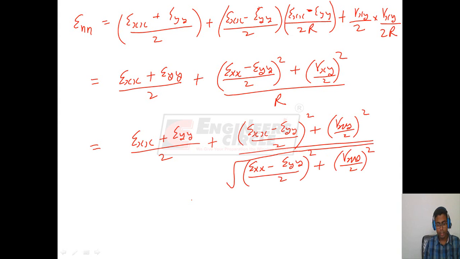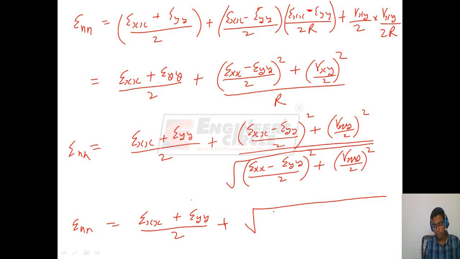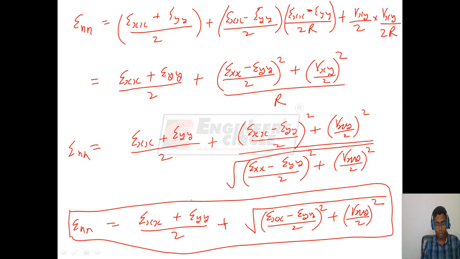So we get epsilon nn as (epsilon xx plus epsilon yy) by 2 plus root of ((epsilon xx minus epsilon yy) by 2) whole square plus (gamma xy by 2) whole square. So this is one value of epsilon nn that we have obtained. At present we do not know whether this value of epsilon nn is epsilon 1 or epsilon 2.